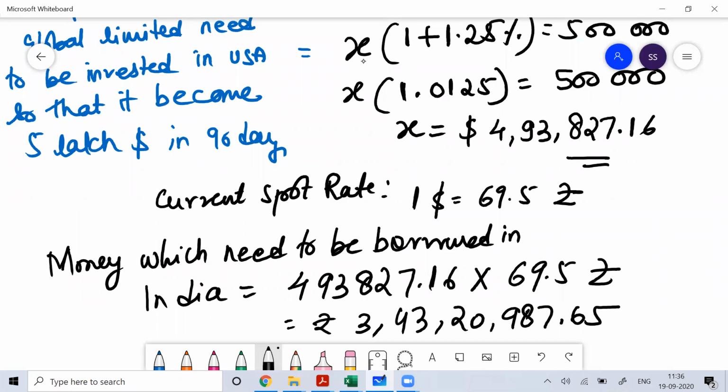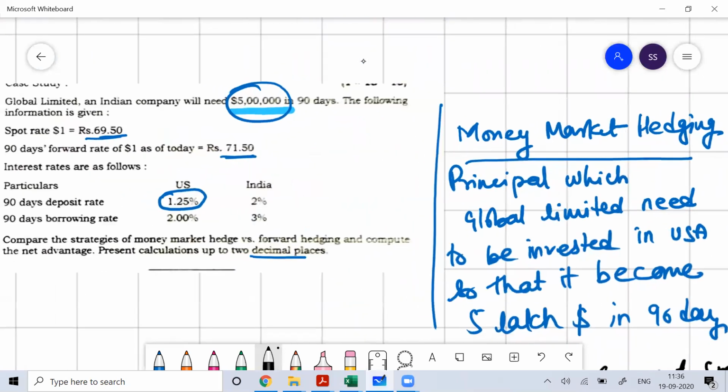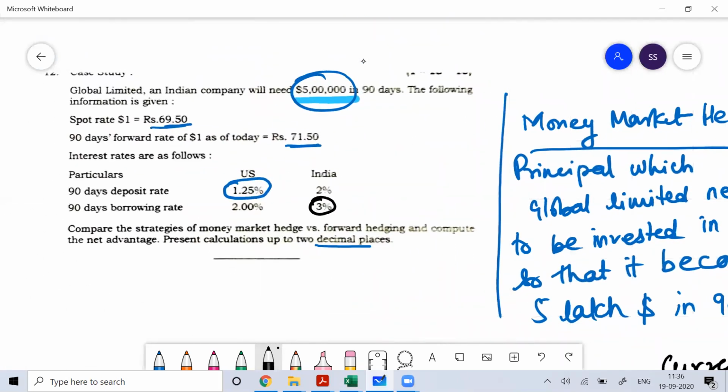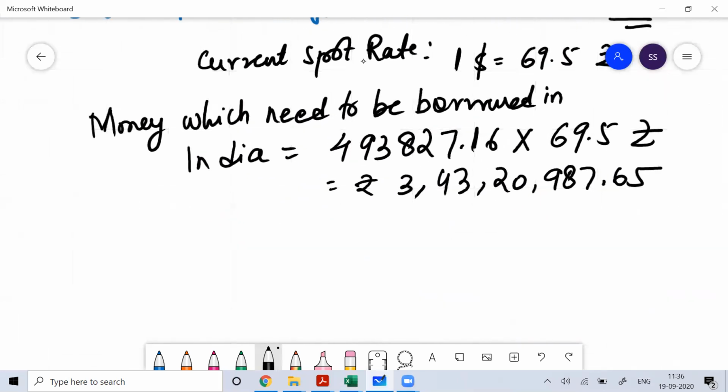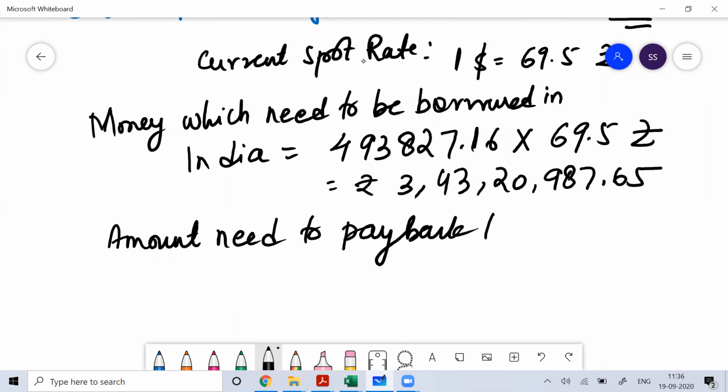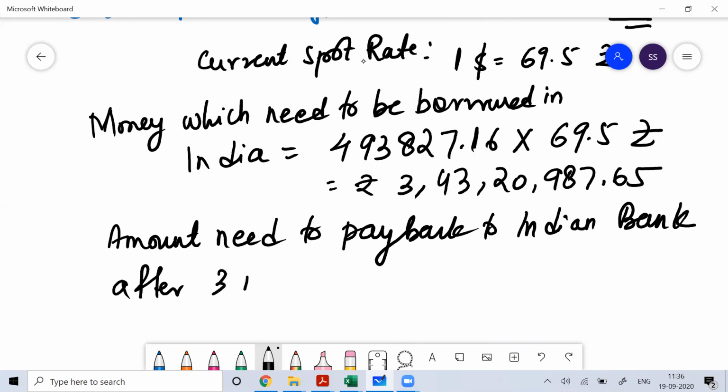Now in India, if you borrow money, what is the borrowing rate? 3%. So what is the amount they need to pay back to the Indian bank after 3 months?